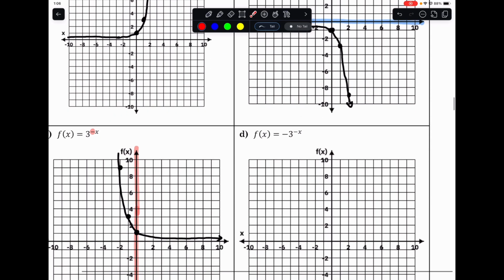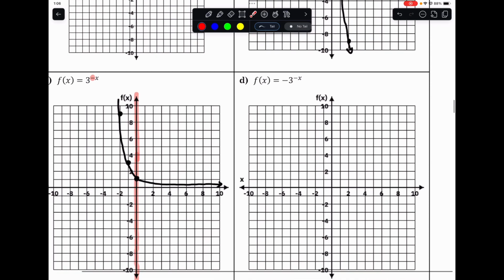So in this example right here, since this is a negative, that means we're going to move towards the horizontal asymptote, and because of this negative sign, we're simply going to do it from below instead of from above, like we did on this example. So the graph of this thing is going to look like this.